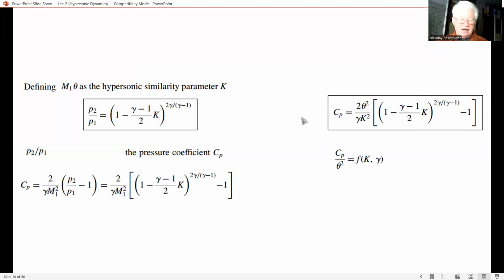This very nice expression for the hypersonic expansion wave is analogous to the previous slide for the hypersonic shock wave. Indeed, this equation gives a now-familiar result: Cp over theta squared is a function of K and gamma for the hypersonic expansion wave.